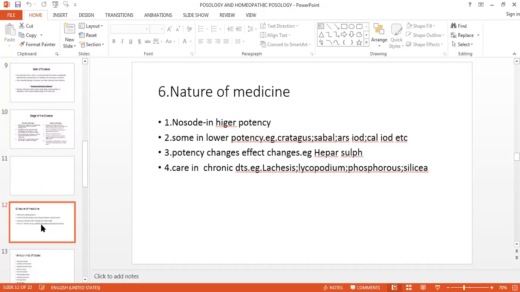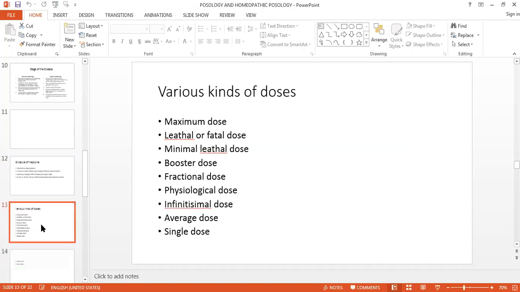Now the nature of the medicine, we have seen the Nosode always should be prescribed in the higher potency, and certain medicines affect differently if you are giving them in the lower or the higher potency.